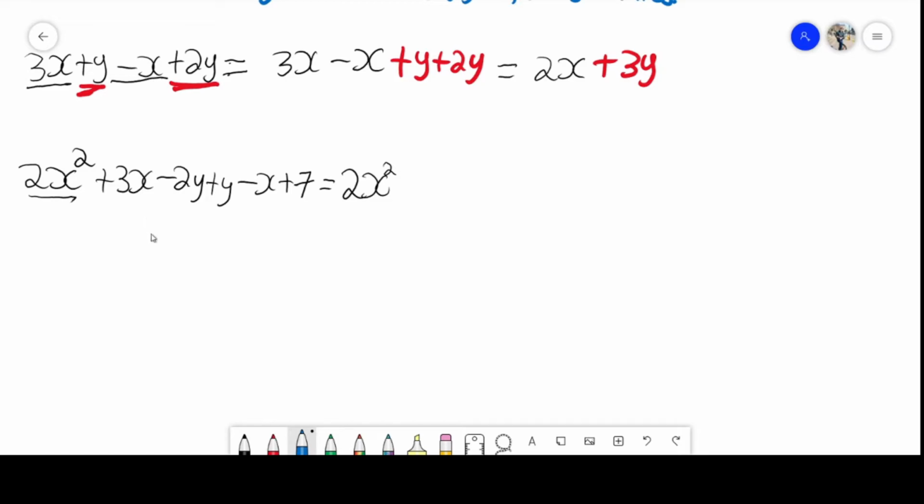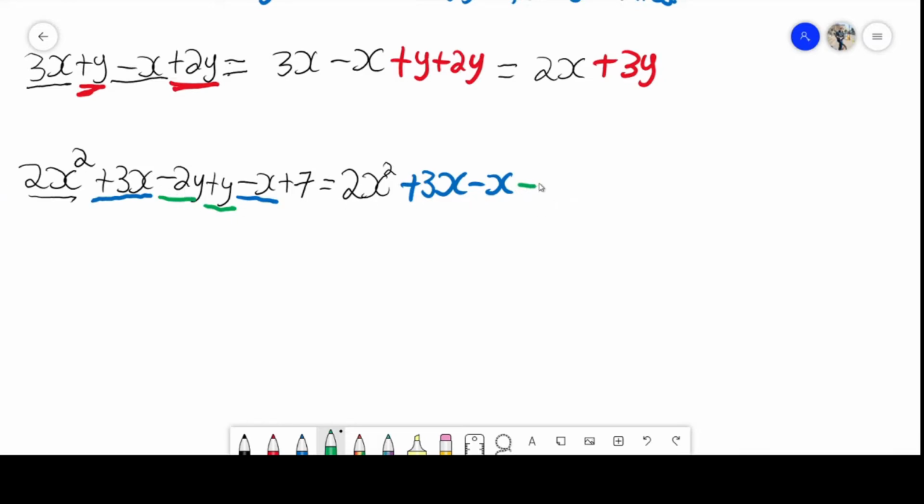Okay, and now I'm going to pick up x's. So I have a positive 3x here and a negative x here. So I bring them together, so I have plus 3x minus x. And now I'm going to go and hunt for some other terms. So I have minus 2y and positive y here. Those are my y terms.